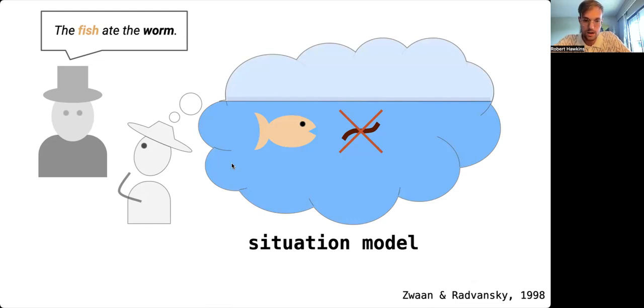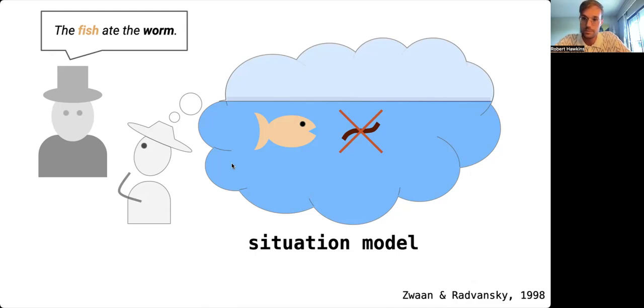So as we hear a sentence, there's a very classic account of what happens as we incrementally process the sentence and dynamically construct this schema known as a situation model. The situation model is supposed to capture all of the extra-linguistic world knowledge that we bring into the interpretation of a sentence and all of the implications we can draw from a sentence, even when they're unspoken.